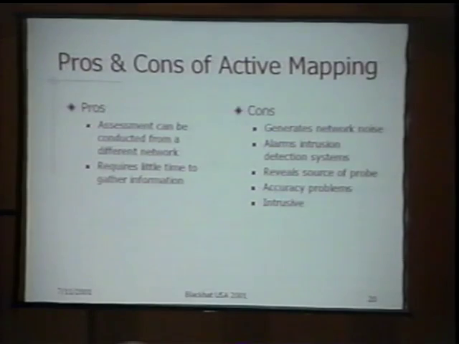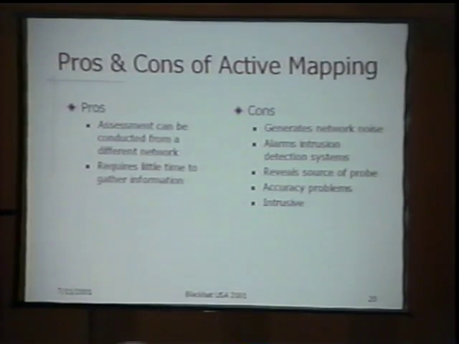The problem with active mapping is that it generates network noise. Nmap sends thousands of packets to a network, which set off intrusion detection system alarms. And sometimes it also crashes machines. So if you're a hacker and you don't want to get caught, why would you want to send out thousands of packets to a network? It also reveals the source of the probe, regardless of if it's your machine or not.